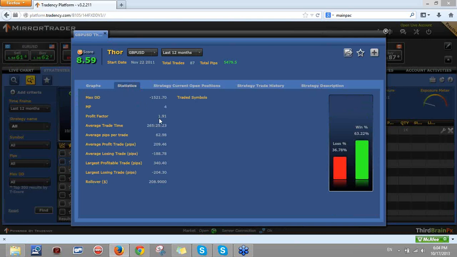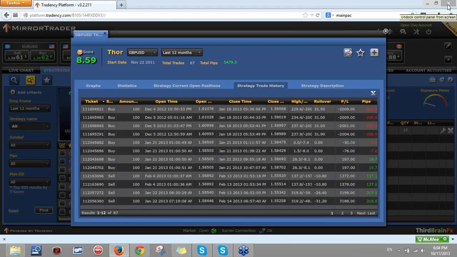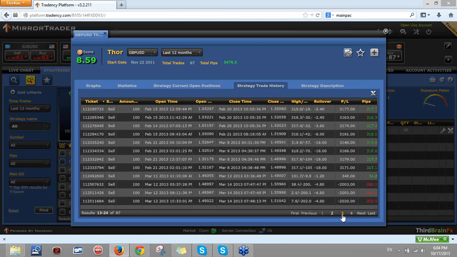The profit factor again is very good, almost 2. The percentage win, nearly 64, which is good again. Let's have a look at the strategy trade history for the last year. We can see that on the first page, the results for January and February this year are 50-50, positive, negative.